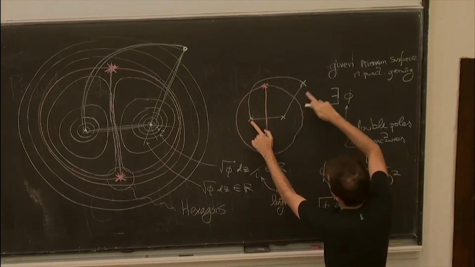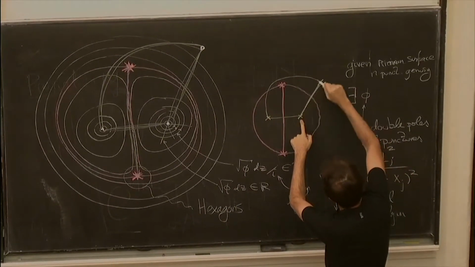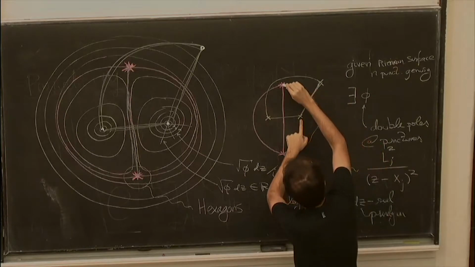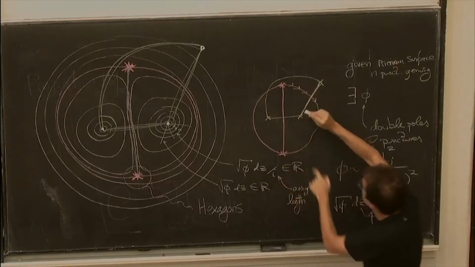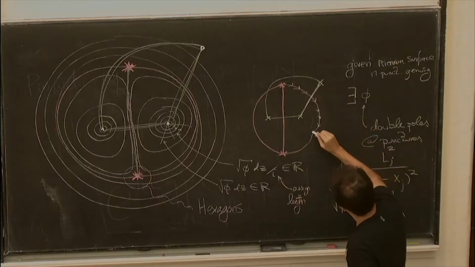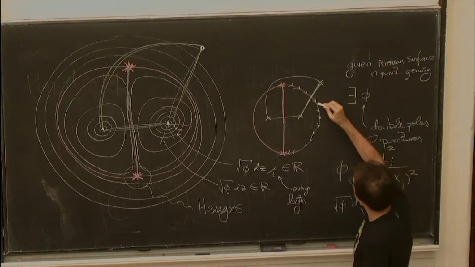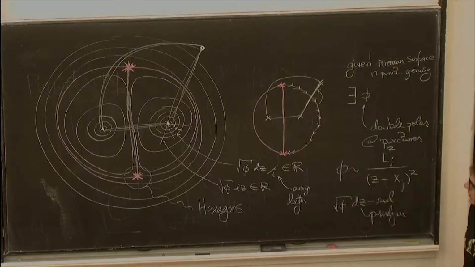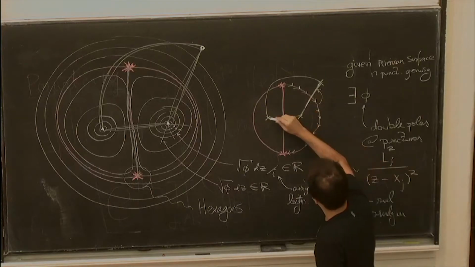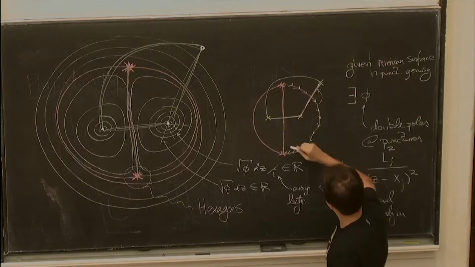To this green graph, let me assign lengths in the following way. Let me say that this line here has the length which is the integral of this Strebel differential along the line that crosses this line here. So you see, you have this line here that crosses this line. This is the length of this segment of the dual graph. This segment here of the dual graph would be given by this segment here that pierces this one.